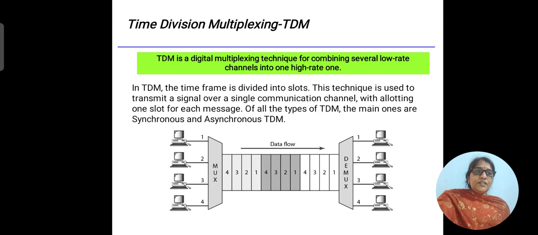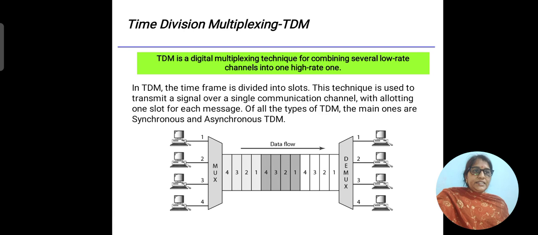Let's study what is TDM, that is time division multiplexing. It is a digital multiplexing technique for combining several low rate channels into one high rate one.